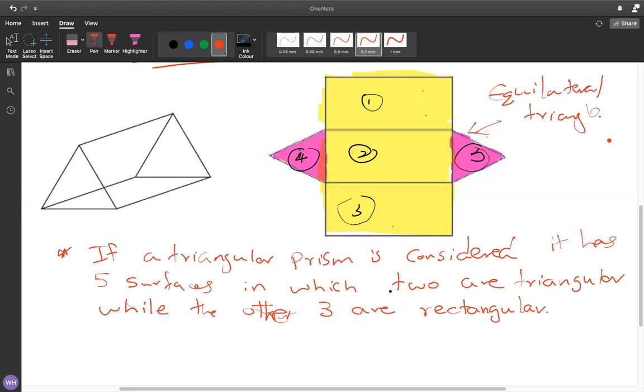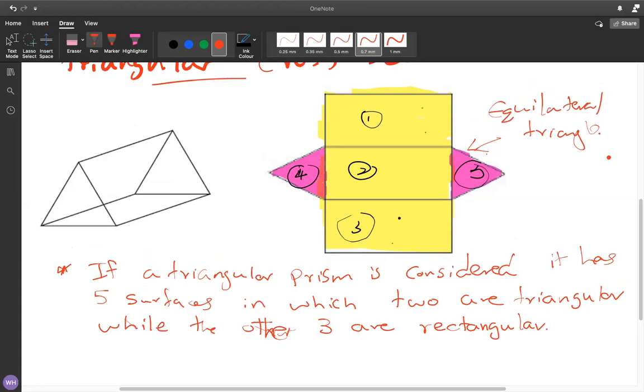So if a triangular prism is considered, it has altogether 5 surfaces in which 2 are triangular while the other 3 are rectangular. So guys, can you draw this net diagram roughly?